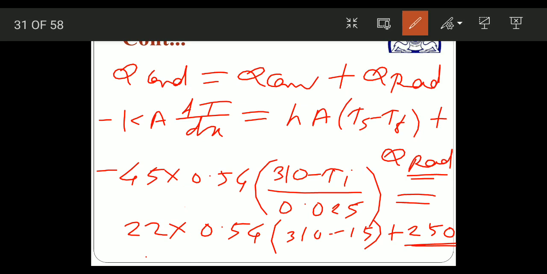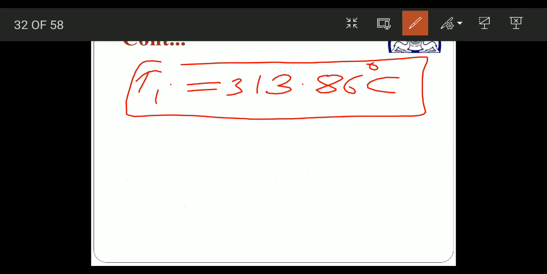Now if you simplify this equation and calculate the value of Ti, you will get 313.86 degrees Celsius. So this is the value of temperature inside the plate.